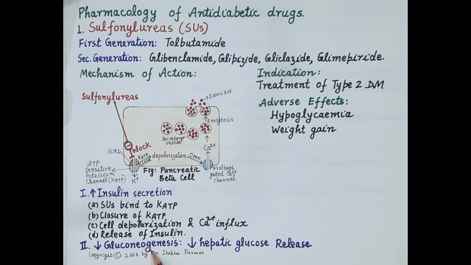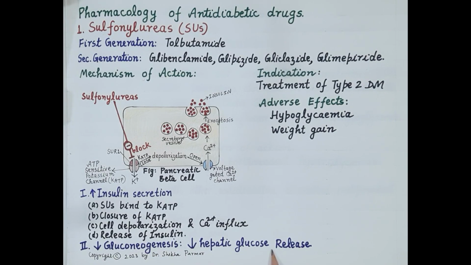So, this inhibits synthesis of glucose in the liver and thereby reduces release of glucose from the liver, and this reduces levels of glucose in the blood of type 2 diabetes mellitus patients. Then indications, sulfonylureas are oral hypoglycemic drugs that are used in the treatment of type 2 diabetes mellitus.